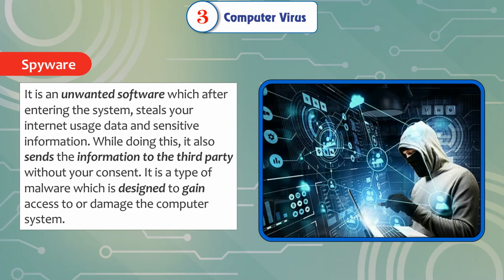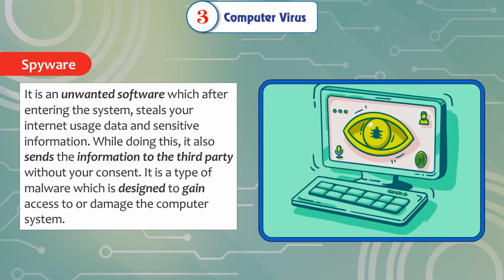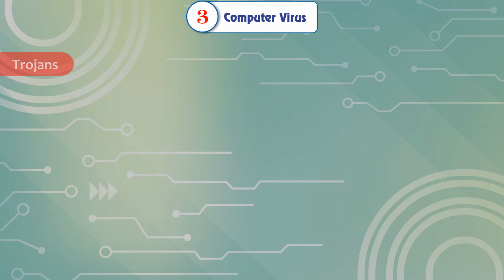It is an unwanted software which, after entering the system, steals your internet usage data and sensitive information. While doing this, it also sends the information to a third party without your consent. It is a type of malware designed to gain access to or damage the computer system.